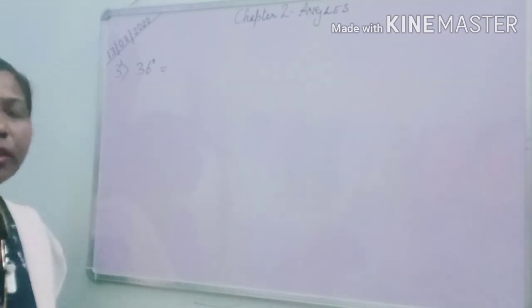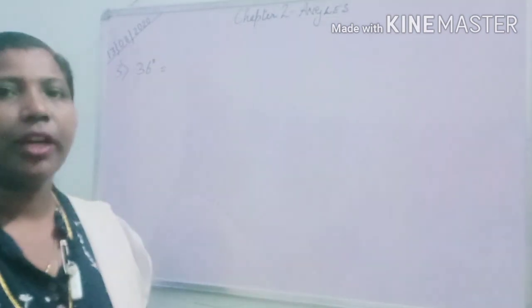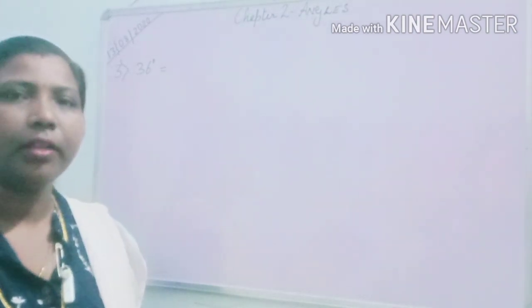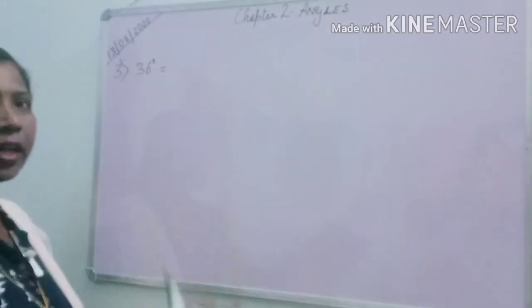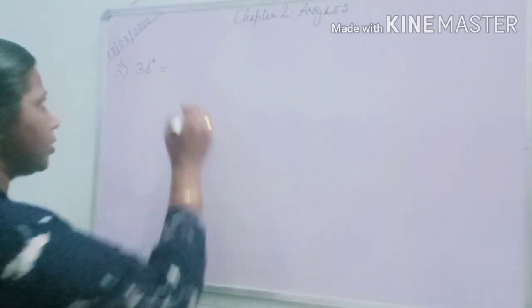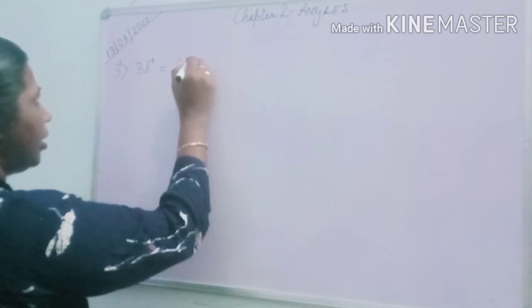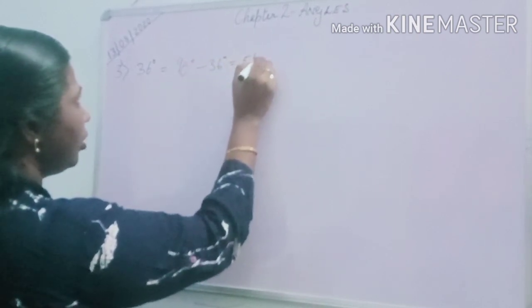For finding the complement of the angle, we know that the sum of angles in complementary angles is 90 degrees. One of the angles is given here, and the second angle we have to find out. So what will we do? 90 minus 36 degrees is equal to 54 degrees.